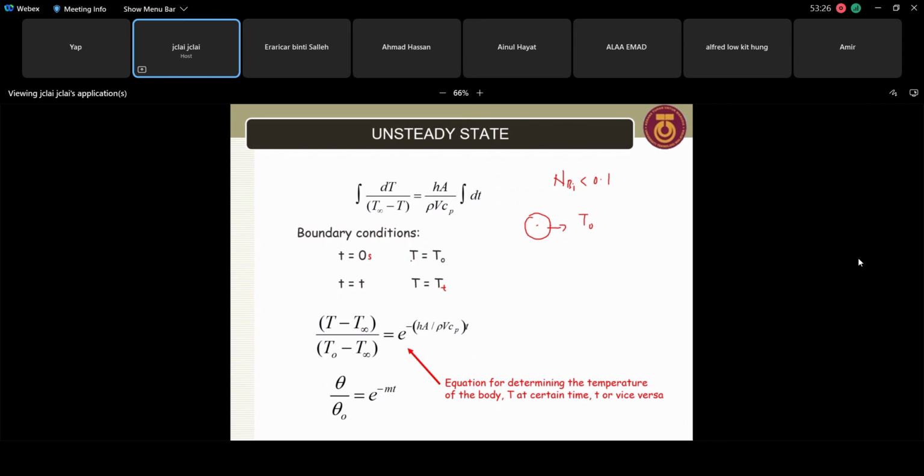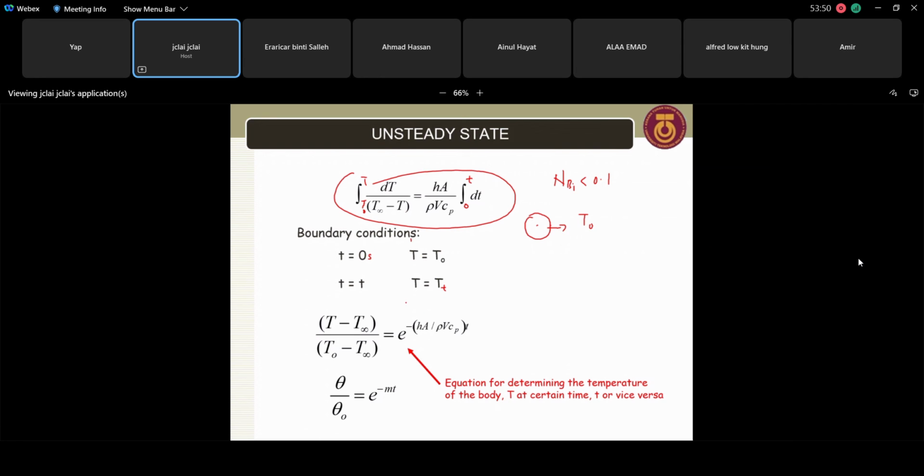Okay, because of that, we want to solve this by integrating both sides, right? So here is T naught to T. Here is 0 to t, right?